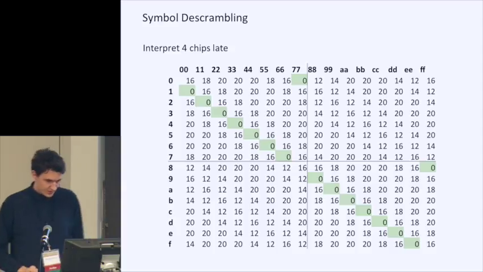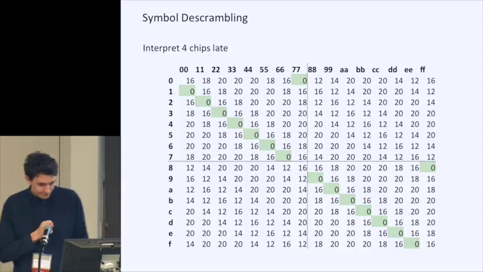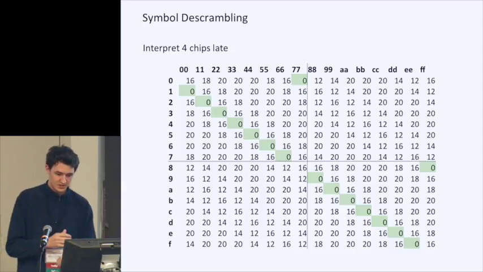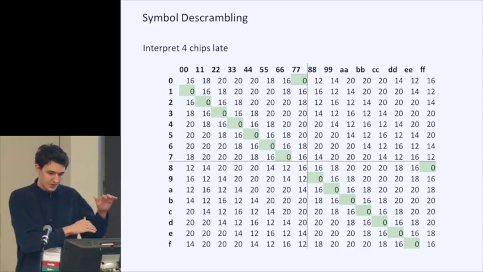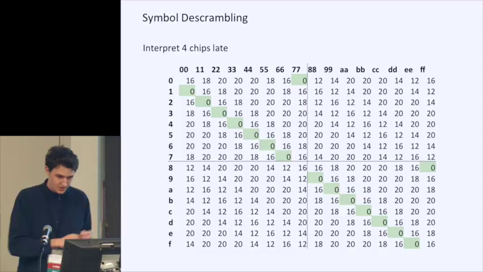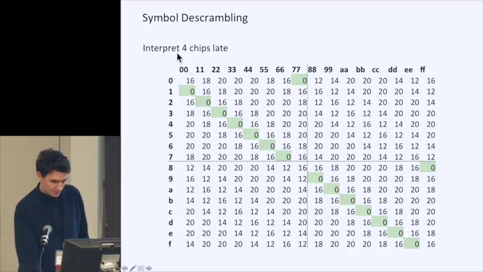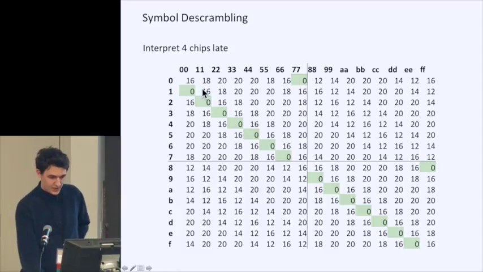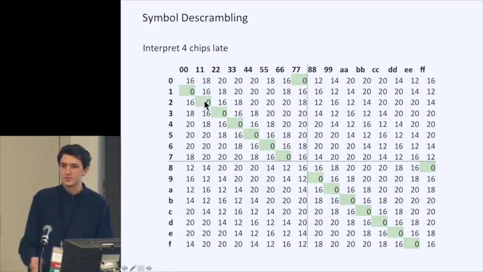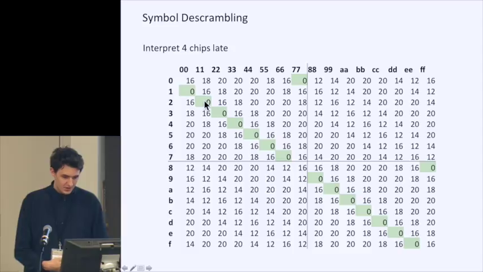So let me show you this. Here you see the distances between chip sequences and the chip sequences you expect. So at the top here, let's say if we're 4 chips late, this whole table is for 4 chips late. If you receive a string of 1 symbols, but you start interpreting it 4 chips late, then you will find the lowest error to be if you say, well, this is clearly a 2 symbol.